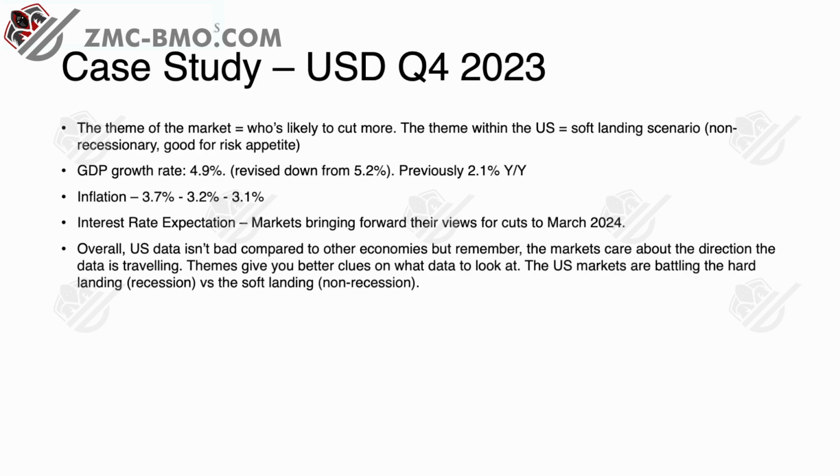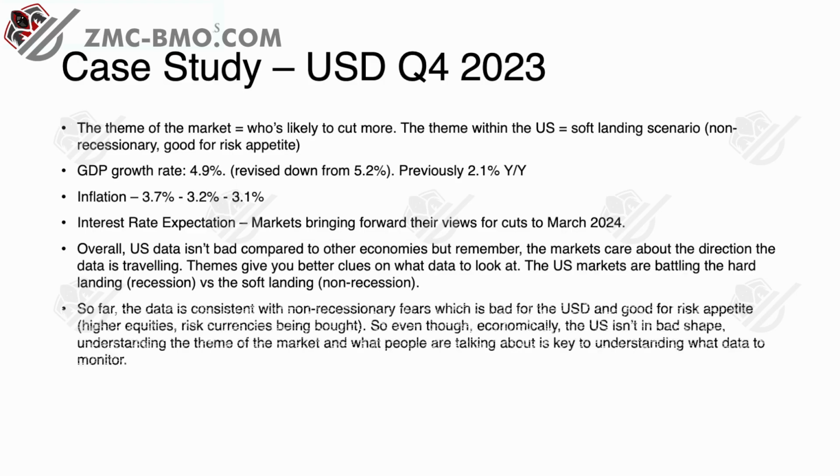The US markets are battling the hard landing recession versus the soft landing or non-recession environment. So far, the data is consistent with non-recessionary fears, which is bad for the dollar and good for risk appetite. So higher equities, risk currencies being bought like the AUD, the NZD, etc. What we mean by soft landing, non-recessionary: well, GDP is pretty good, the labour market is still pretty good, however inflation is moving very rapidly lower.